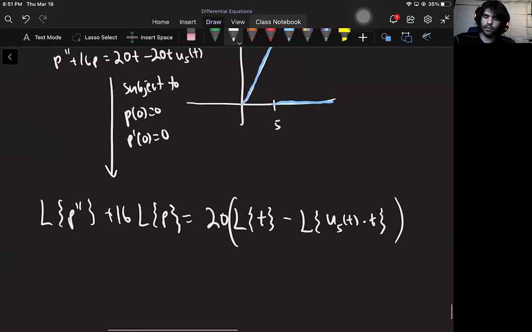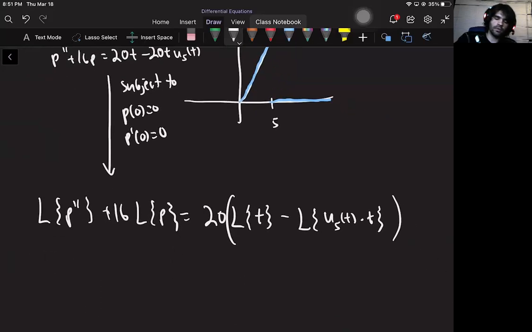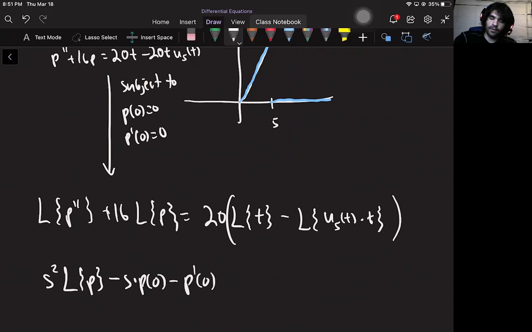Okay, on the left side, remember that the Laplace transform turns derivatives into multiplication by the variable s. So this is going to be s squared times the Laplace transform of the mystery function p, minus s times p of 0, minus p prime of 0, plus 16 times the Laplace transform of p.